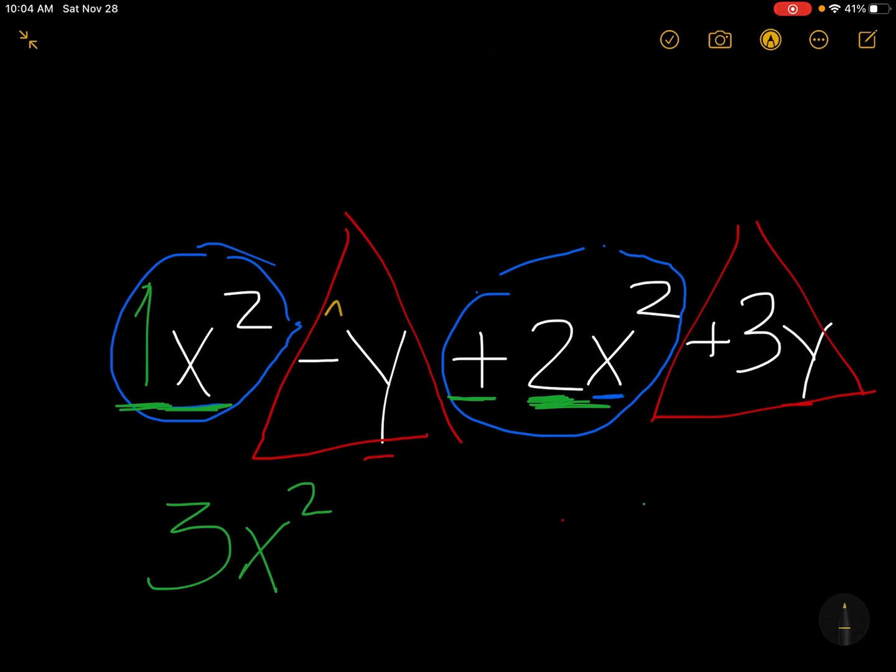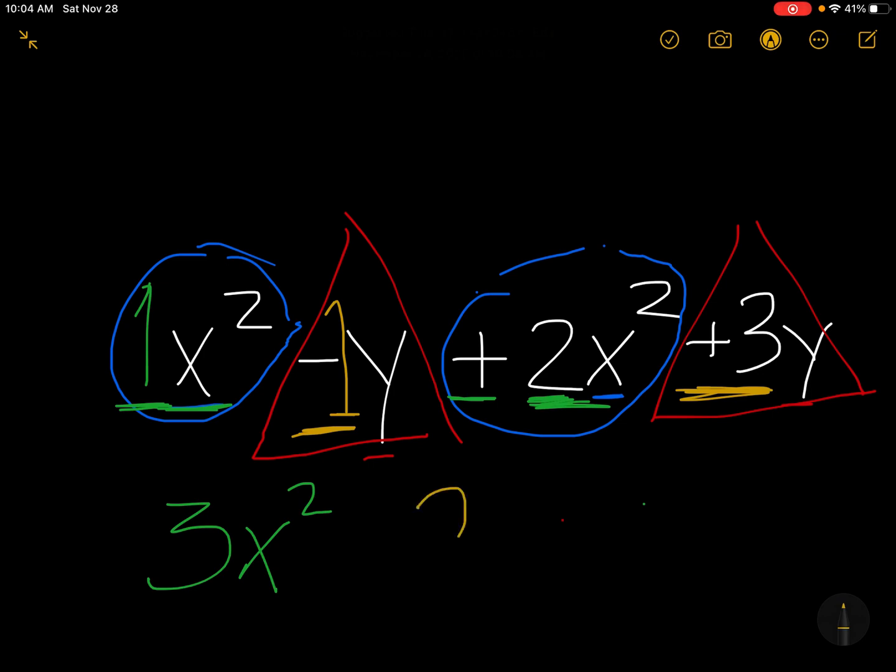Negative y equals negative 1y here because there's no coefficient in front of it. So negative 1 plus 3, we're just putting together our triangles now because they have the same terms. Negative 1 plus 3, they have opposite signs, which means subtract. 3 minus 1 equals 2.